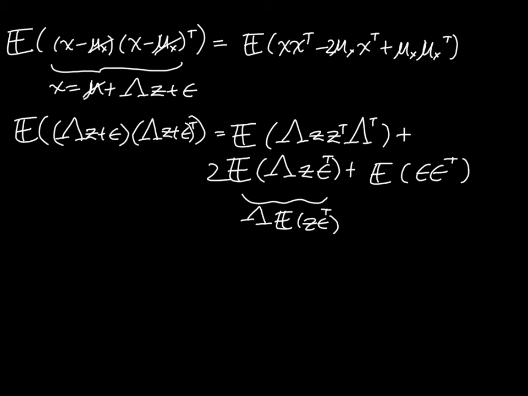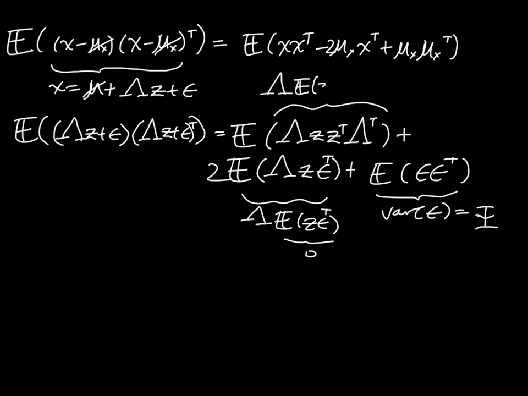Oh, sorry, I forgot the transpose. This is equal to 0. So this entire thing is equal to 0. Now we know that this is the variance of epsilon. Actually, the covariance of epsilon is equal to psi, right? It's the variance, and that's how much x varies, right? And so that's psi. This is equal to lambda E of z z transpose lambda transpose. This is equal to lambda I lambda transpose, equal to lambda lambda transpose.